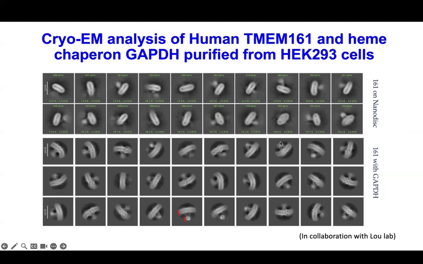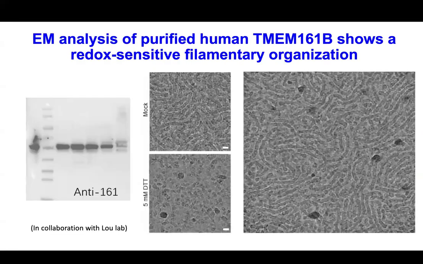So they are doing detailed analysis to determine whether that electron density indeed corresponds to heme-bound GAPDH, and to help understand how the heme molecule may actually be incorporated into 161B, the human counterpart of the C. elegans homolog we initially discovered. And this is just to show some very unexpected observation when they try to determine the cryo-EM structure.